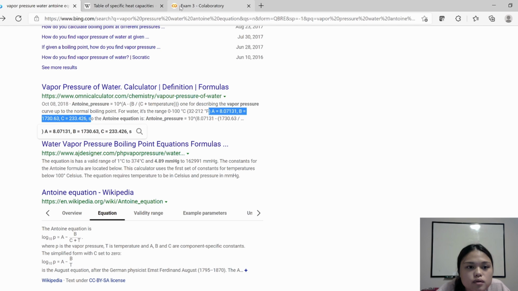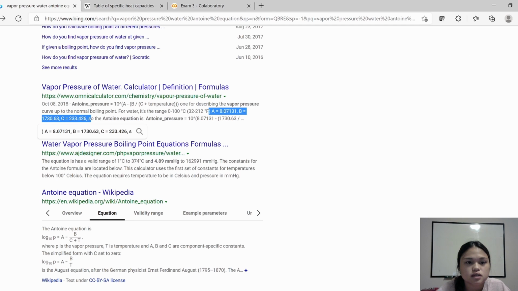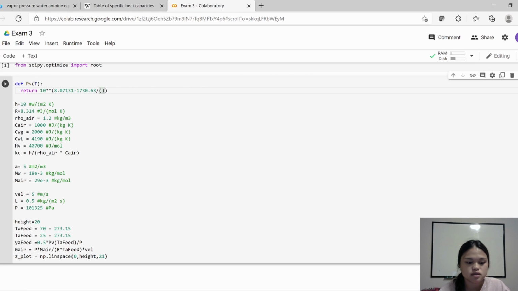Then the B is going to be 1730.63, all over C, which is 233.426, plus the temperature minus 273.15, because the Antoine equation is in degrees Celsius.